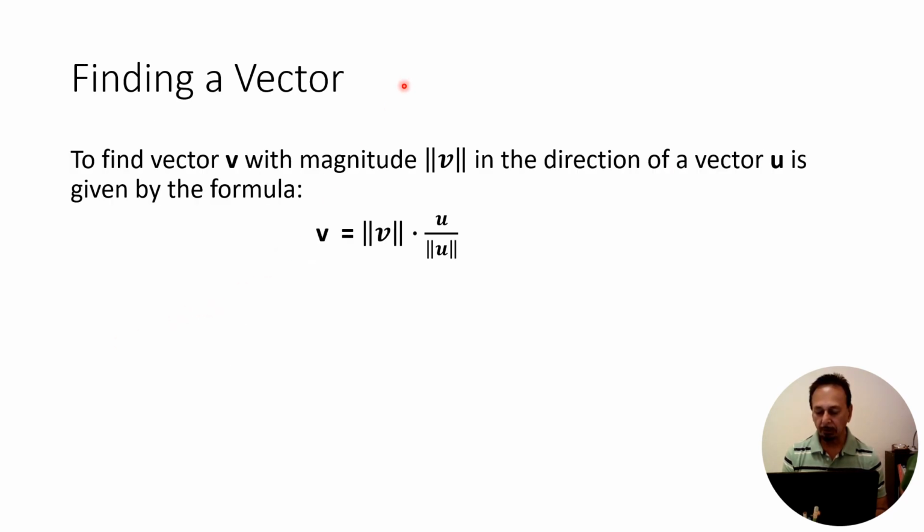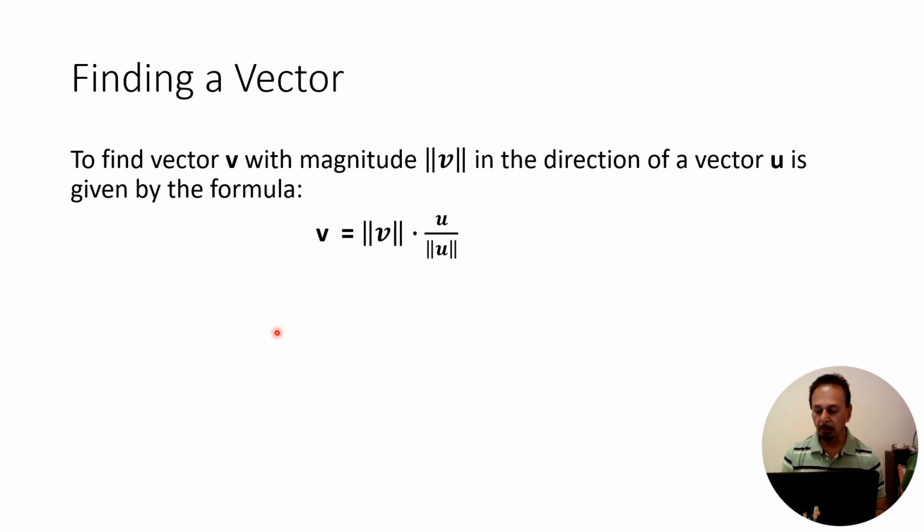Finding a vector in the direction of a given vector. So let's say we want to find a vector v with a given magnitude in the direction of another vector u. It is given by this formula. So vector v is the magnitude of the vector times the vector u divided by its magnitude.